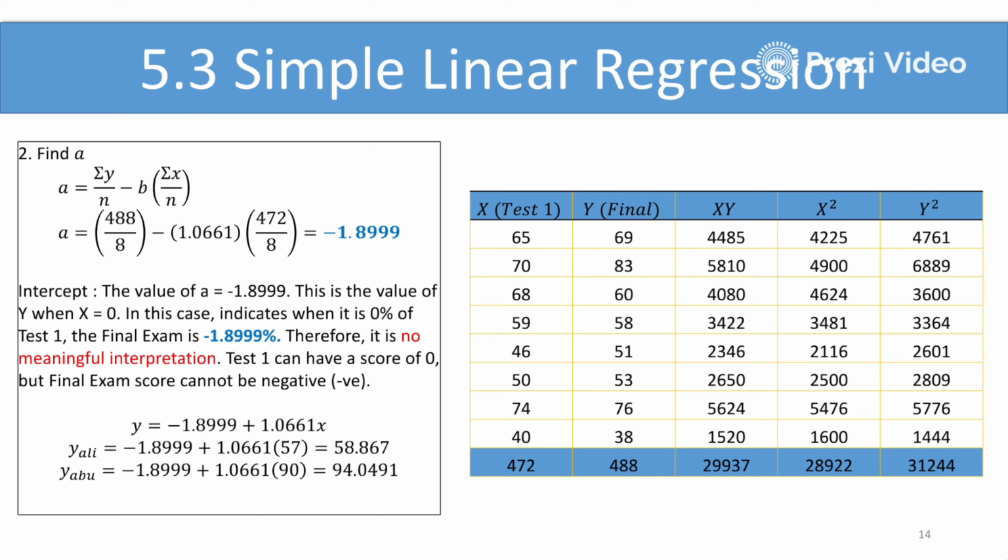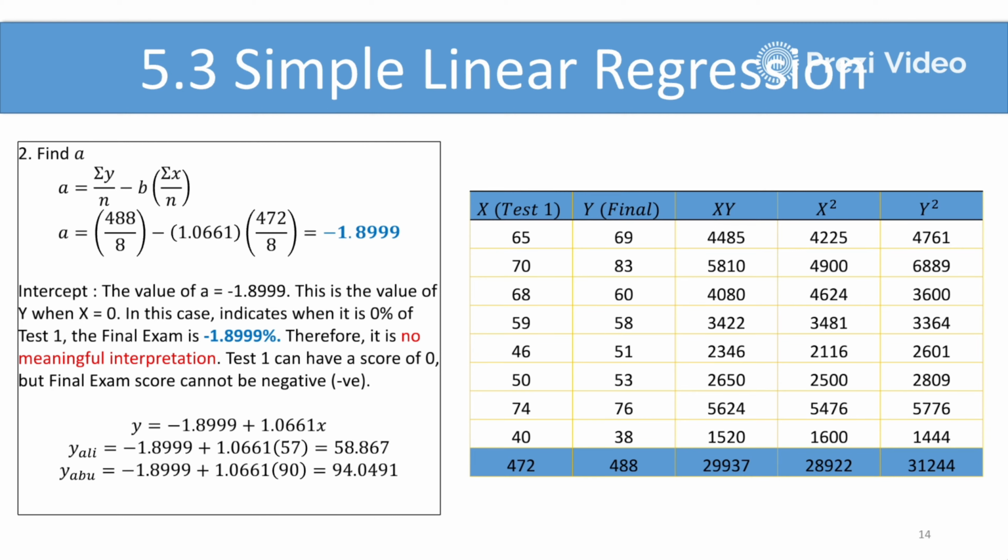So nilai A yang kita dapat ni adalah nilai Y ataupun nilai final score apabila test 1 equal to 0. Tapi logik tak final score dapat negative 1.8. Okay. So untuk case ni tak logik. So therefore there is no meaningful interpretation lah of having A tadi. Okay. Sebab tak boleh lah kalau test 1 kosong maka final akan jadi negatif terus. So kat situ tak ada meaningful interpretation. Tapi ada cases dia could be possibly ada meaningful interpretation.